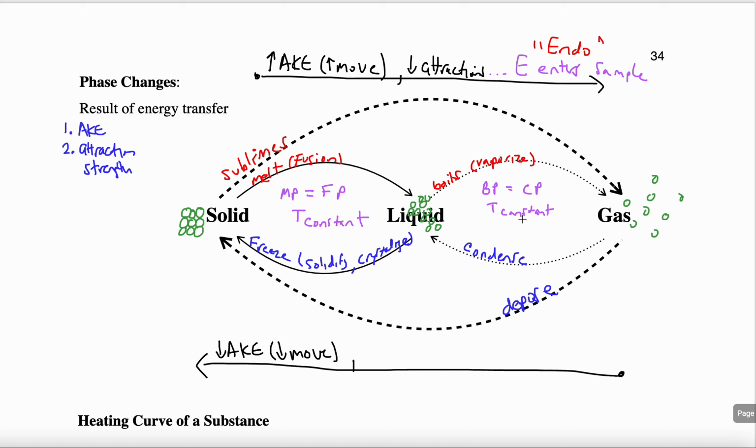But we go from no touching to, hey, they are touching, to, hey, not only are they touching, but being held in a very specific order or fixed positions. It's because we see an increase in the attractions between the molecules. This type of result, less movement, greater attractions forming the solid, this results when energy leaves our sample, which we would say if energy is exiting our sample, that the sample is going through an exothermic process.